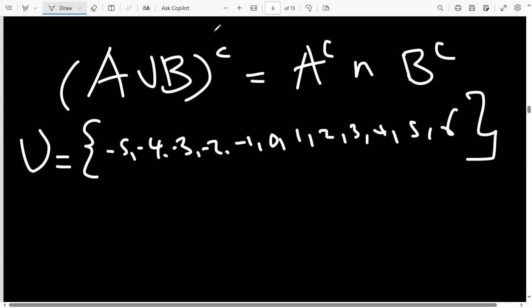So what does this complement actually mean? The complement simply means the elements that are not in this set here. I'll give a simple example first.